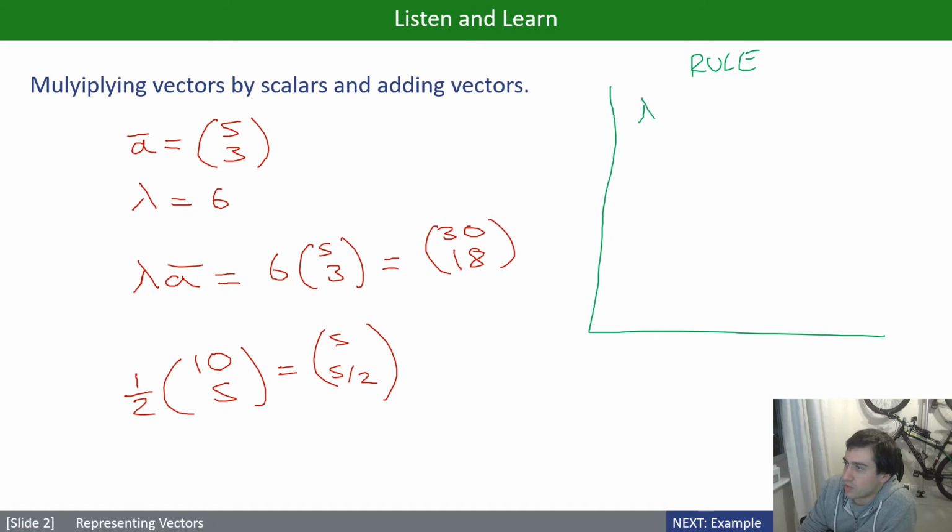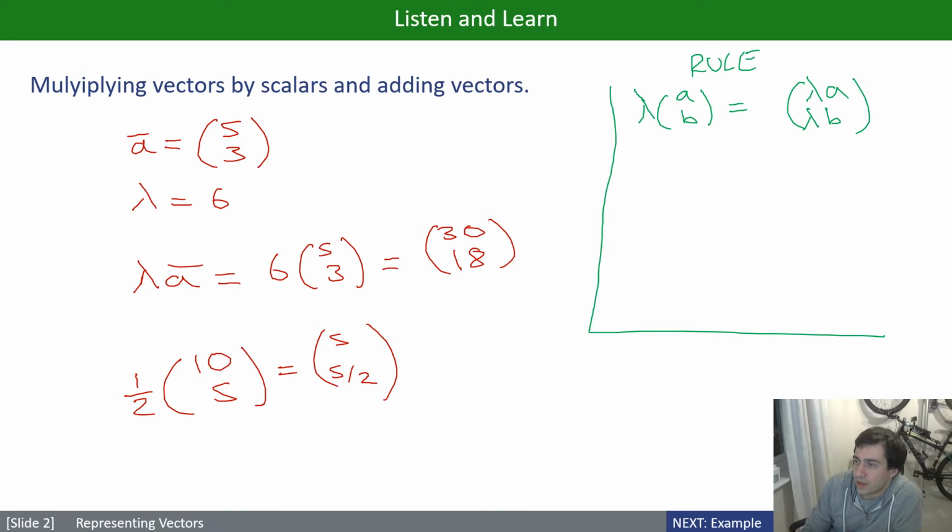Lambda times a vector (x, y), or I don't like x y actually, let's call it (a, b) to make it clear I'm talking about constants, a specific number a, some number b, is (lambda a, lambda b) as a vector.